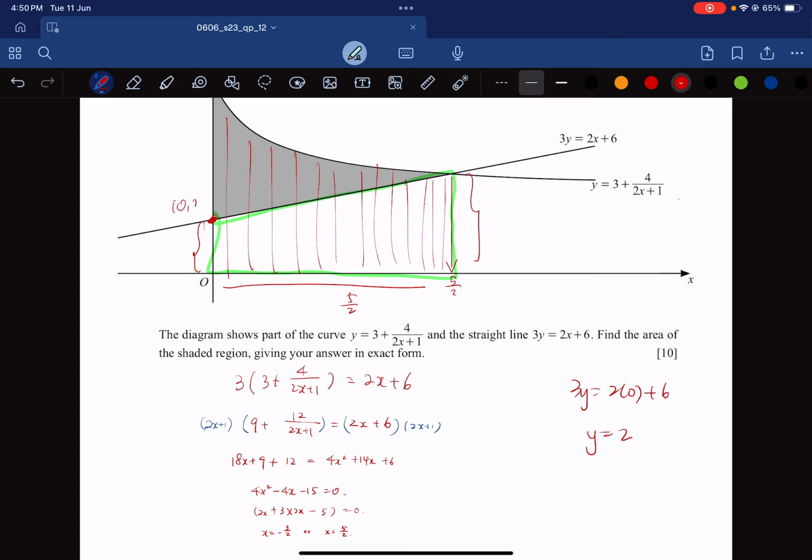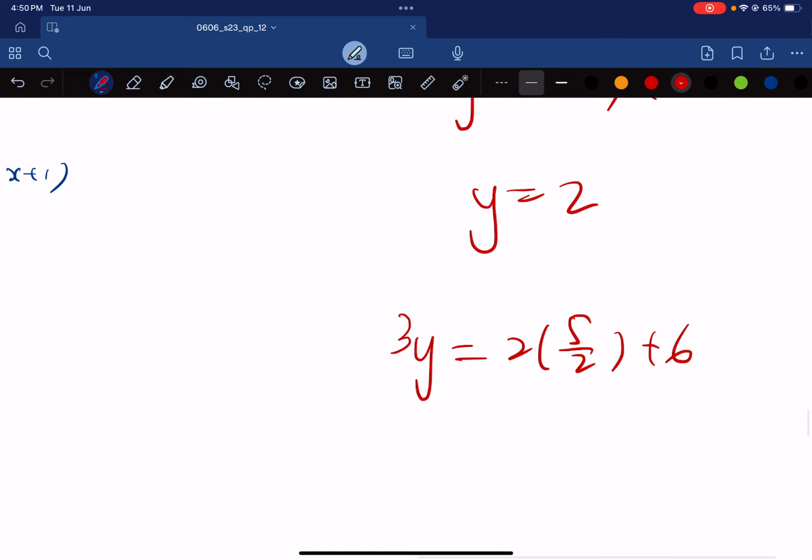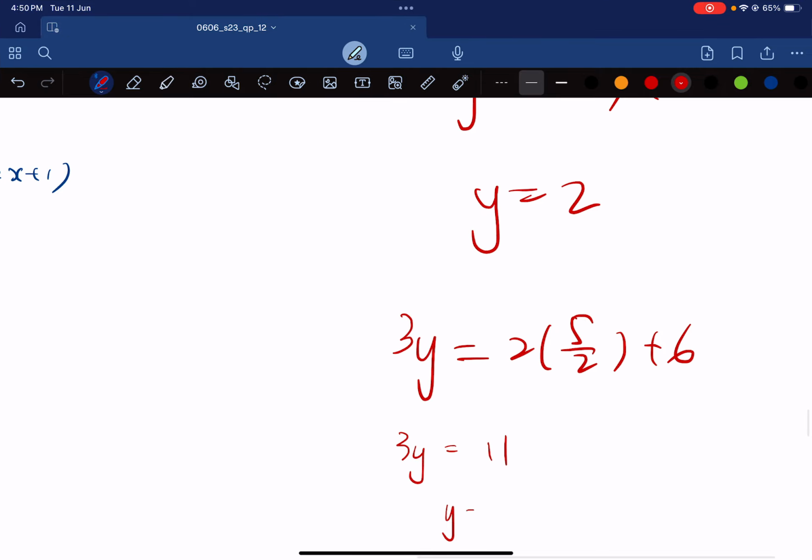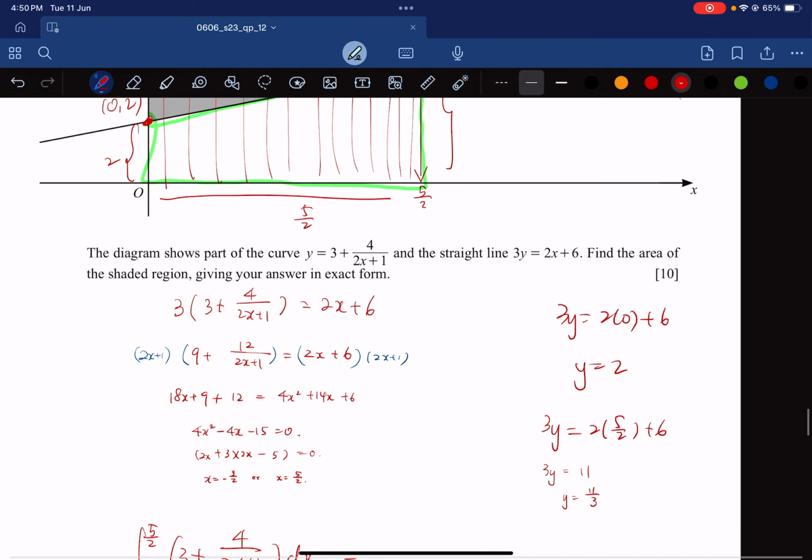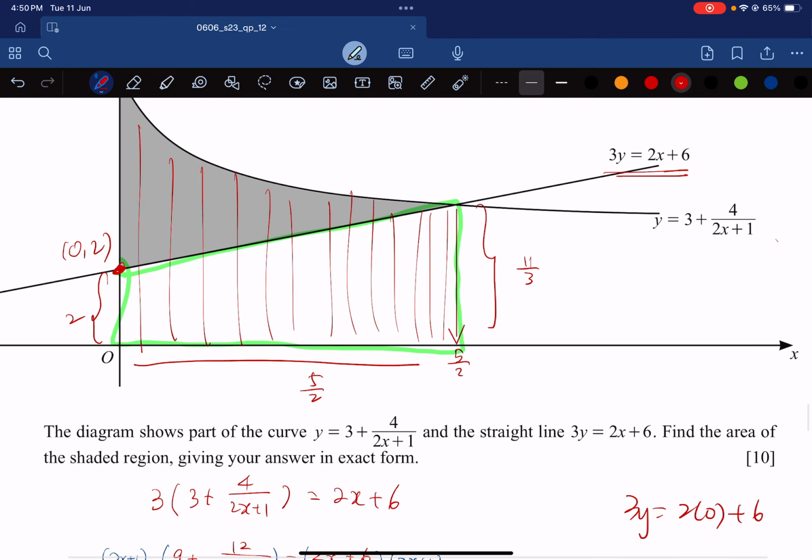Okay, x equals 0, so this is 2. And then when x is 5 over 2, what is the y? 3y equals 2 times 5 over 2 plus 6. So 3y equals 11. y equals 11 over 3. So the height here is 11 over 3.